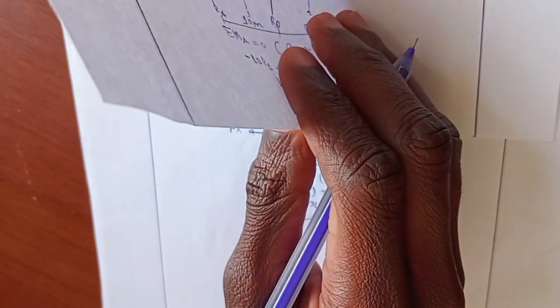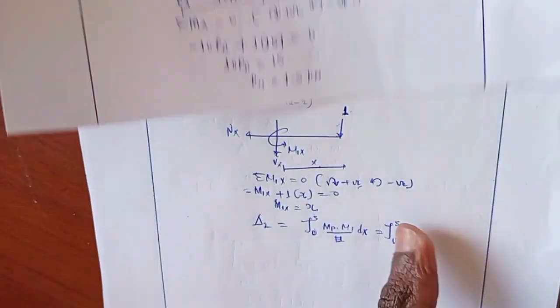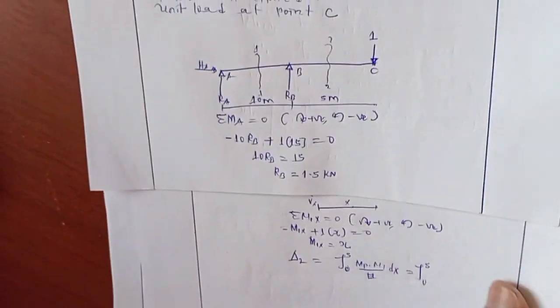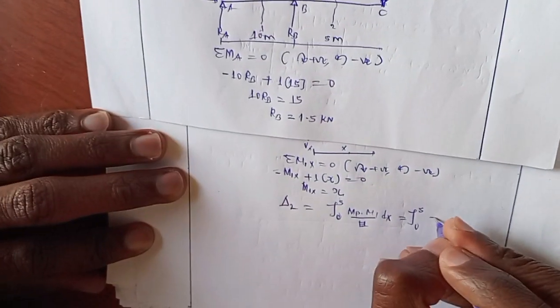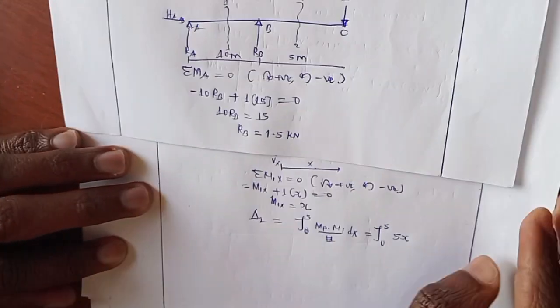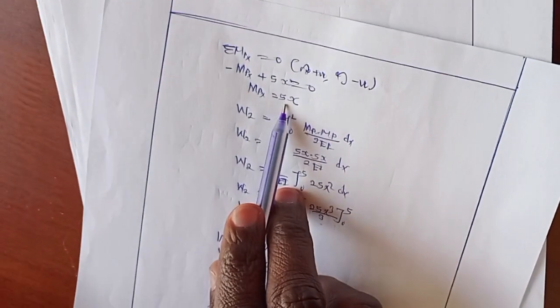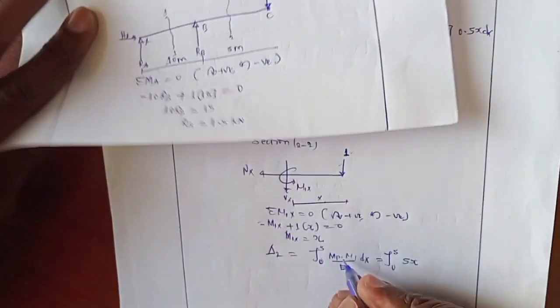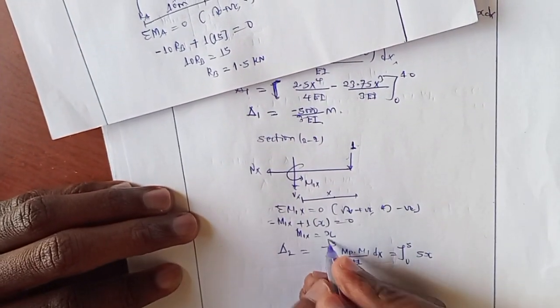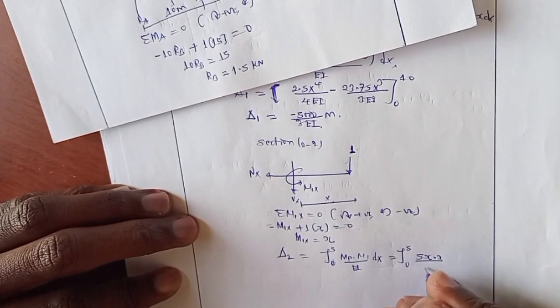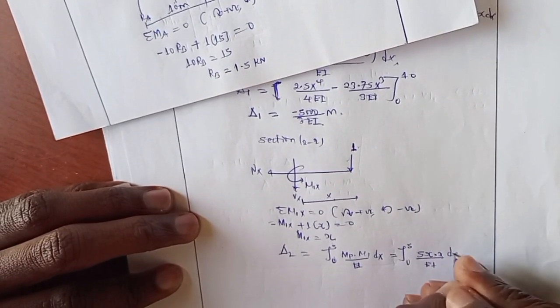Moment due to applied load for section 2 was 5x, times moment due to unit load for section 2, which is x, over EI dx.